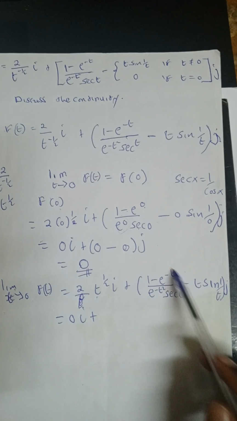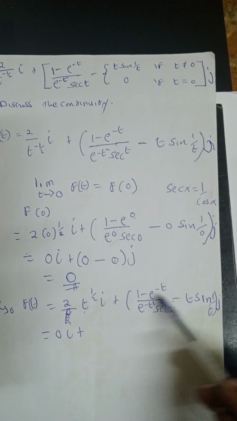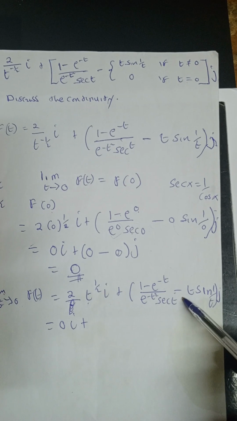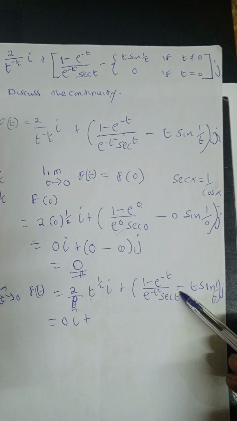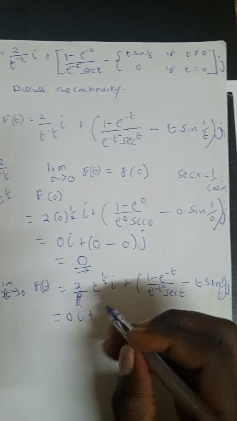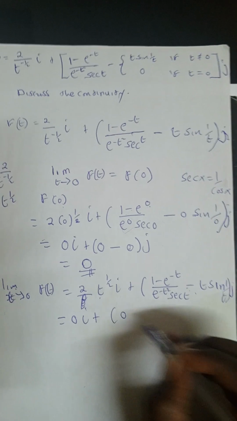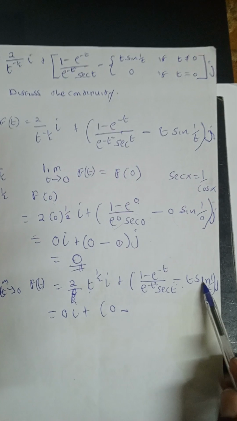So let's come to the second part. When t is approaching 0 for this, we can see that this whole term will be 0 as well. We put 0 for t, it's just the same for that. So here we are going to have 0. Now the interesting part comes here.